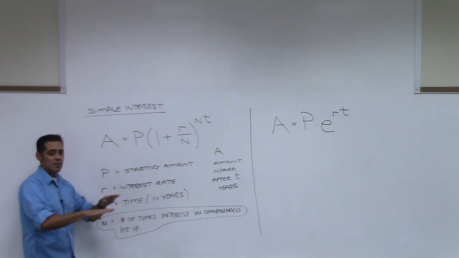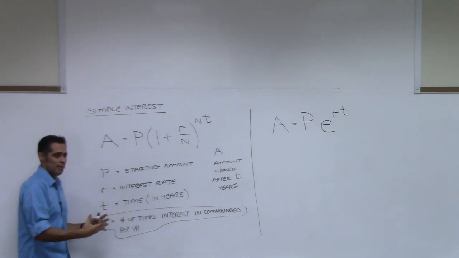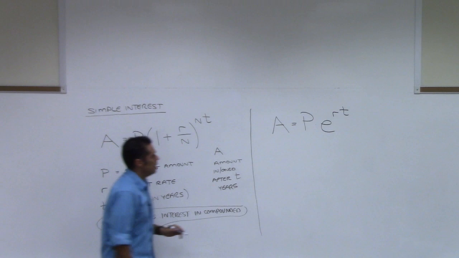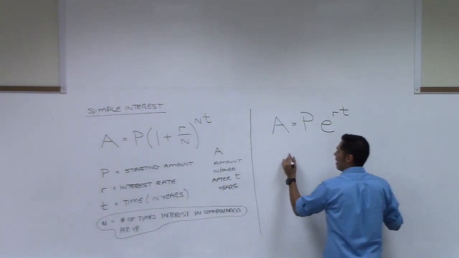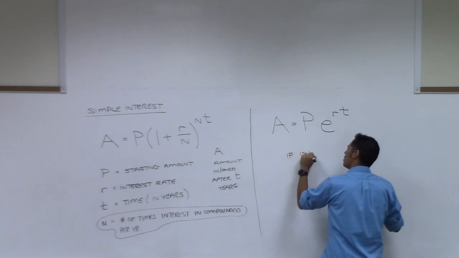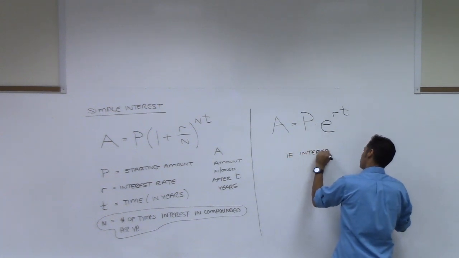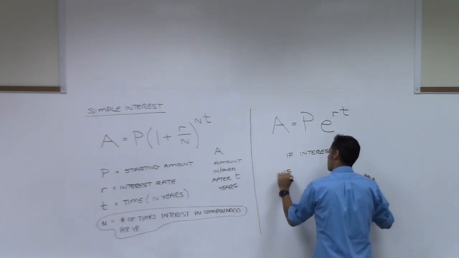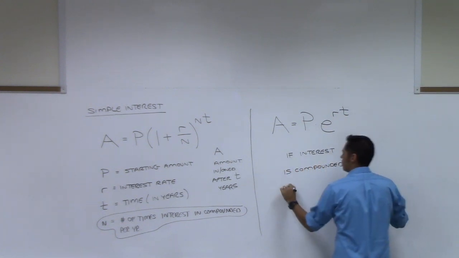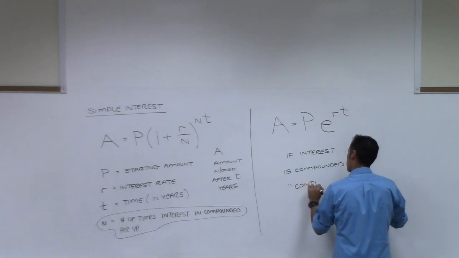They're doing it all the time. It's called continuous compounding. Then that formula somehow morphs into that. So we only use this formula if interest is compounded continuously. That's the word I'm going to use.